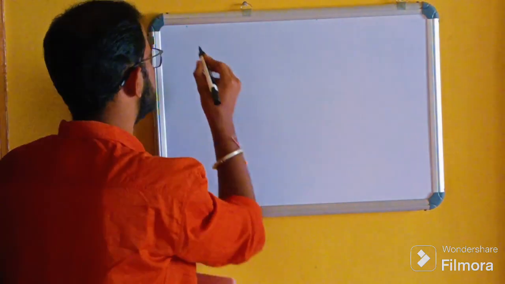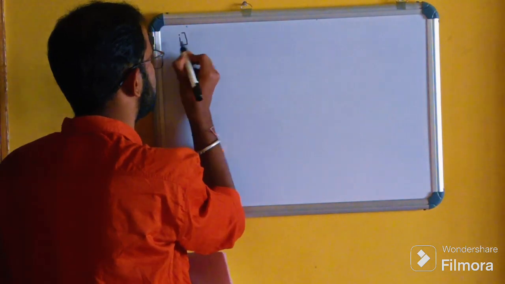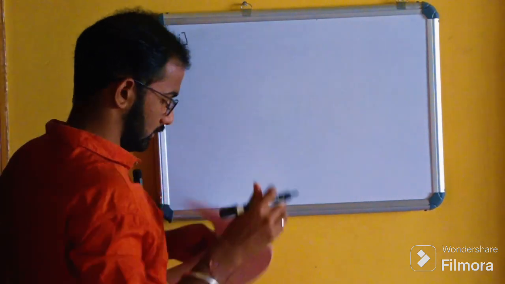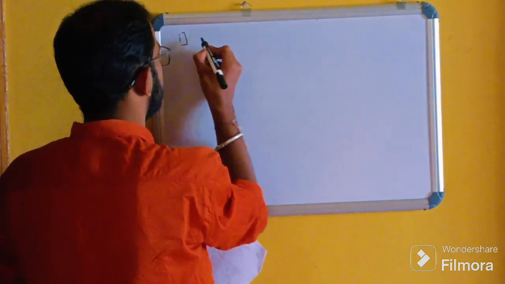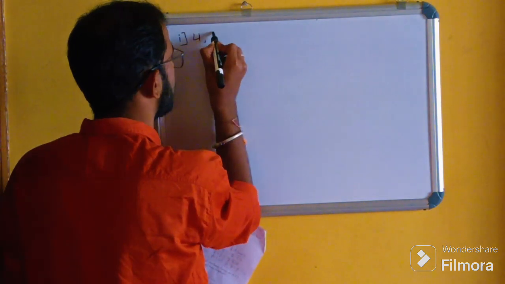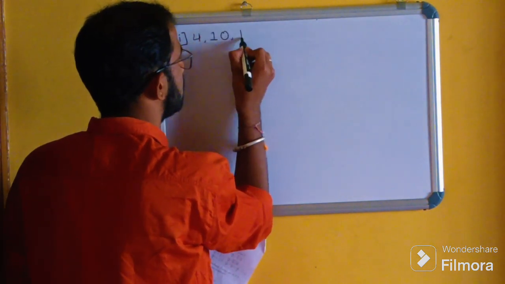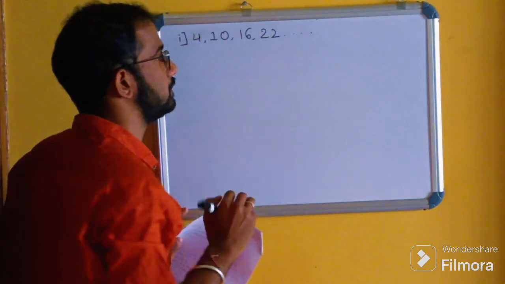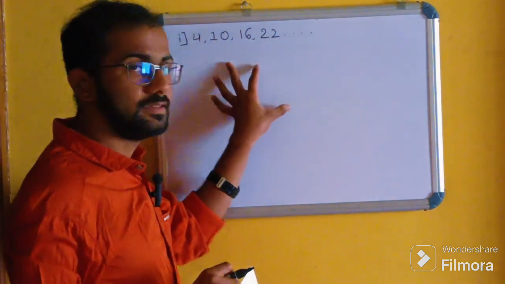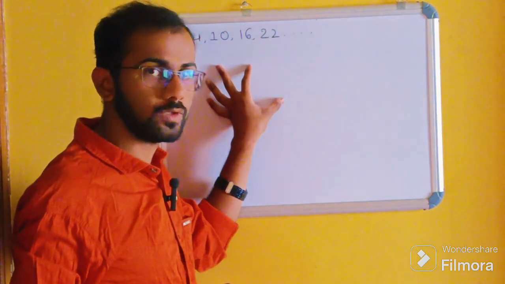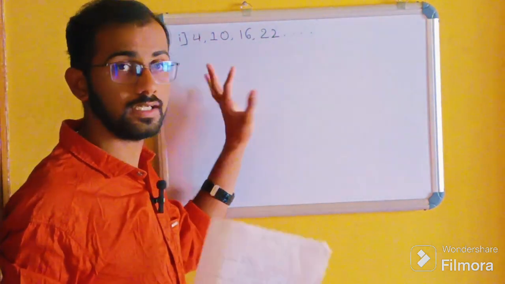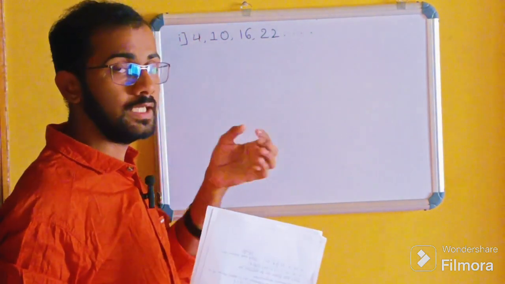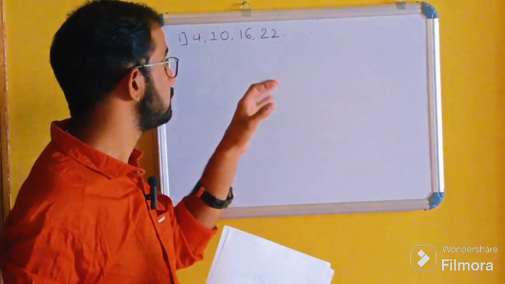The first sequence given is 4, 10, 16, 22, and so on. Is this an arithmetic progression or not? We don't know whether it is an arithmetic progression or not. That is the task here.